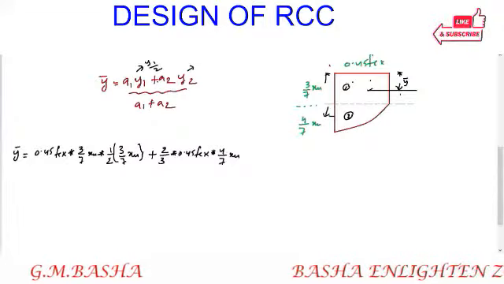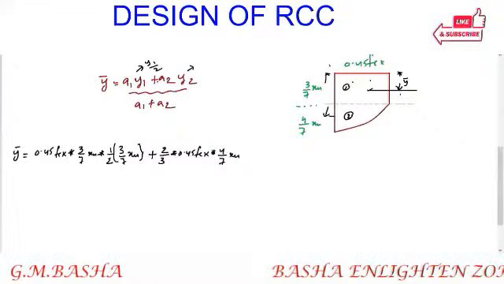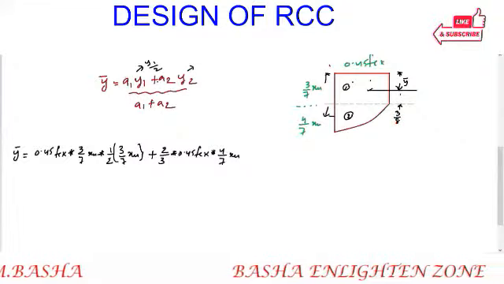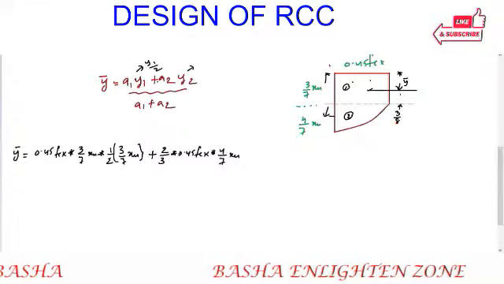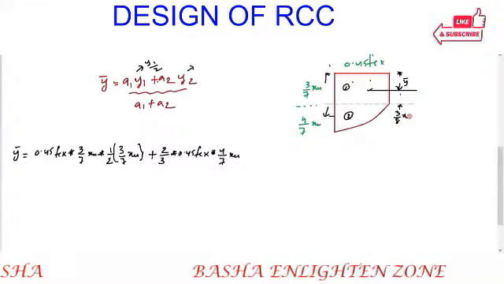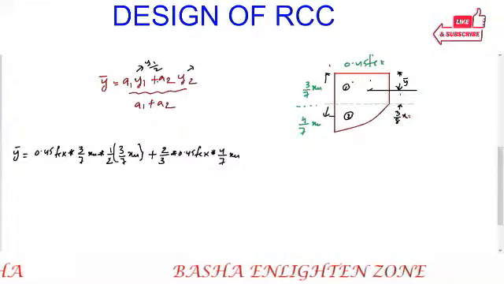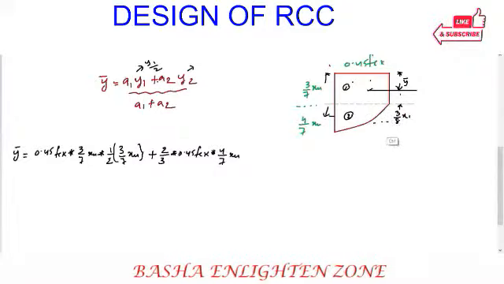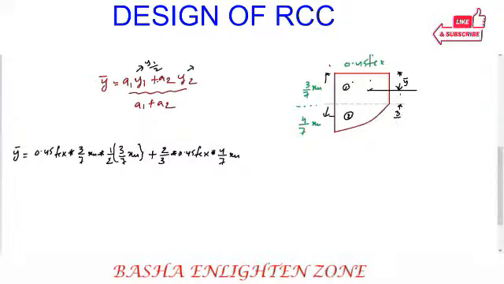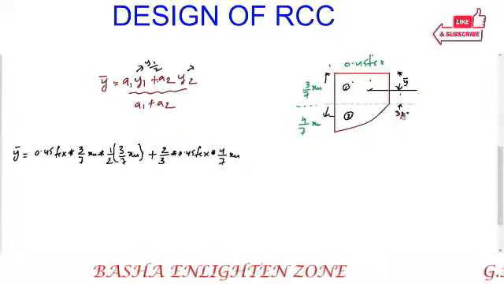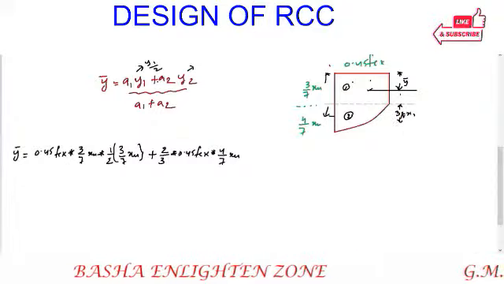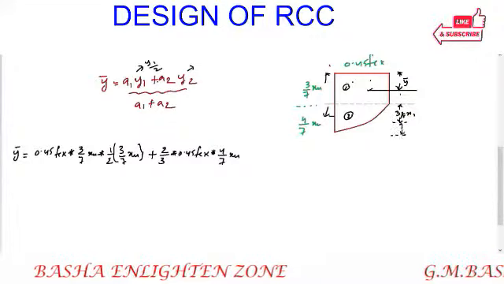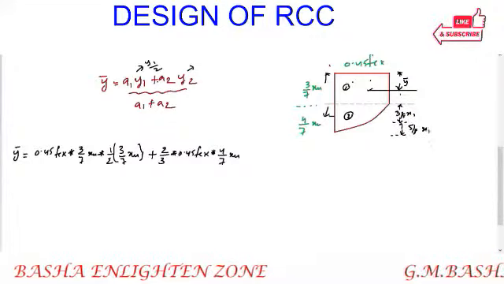If you take it directly from here, you get 3 by 8 times of that x1, and up to the bottom it will be 5 by 8 times of x1, which is a standard value.